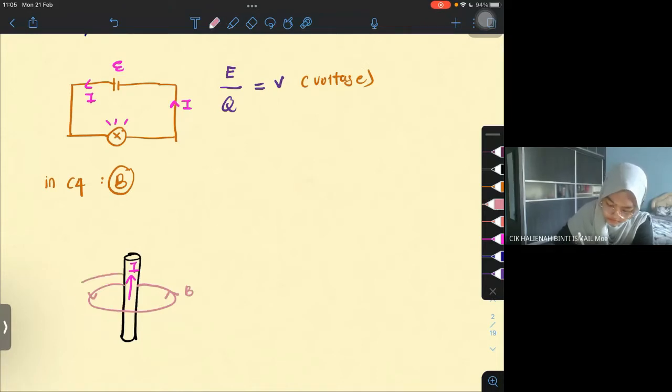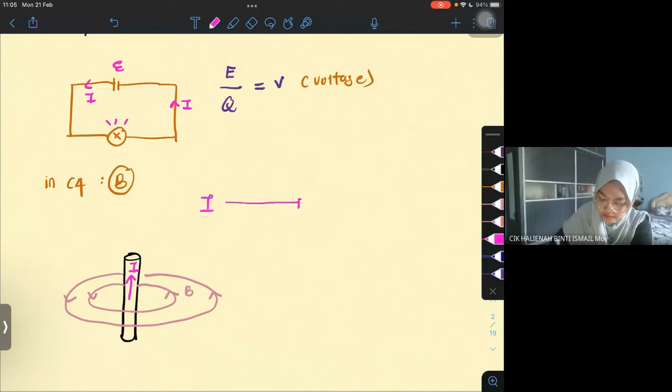Okay, this is the magnetic field line. So from here we can say that current can produce magnetic field. Okay.